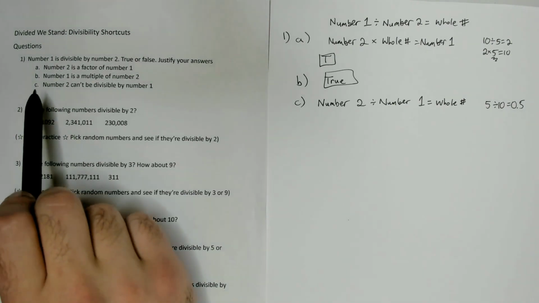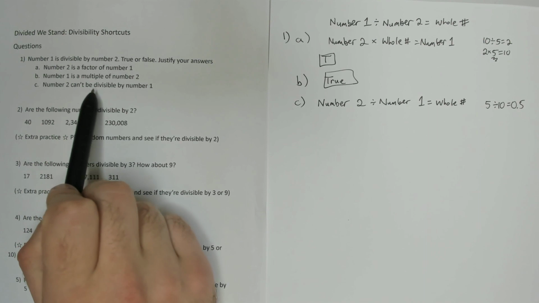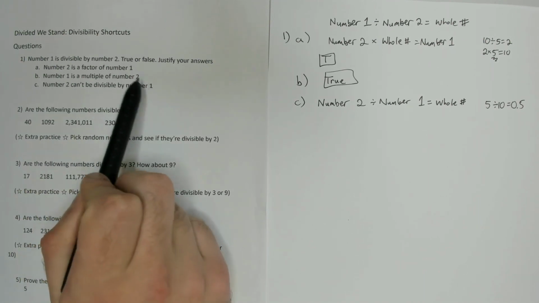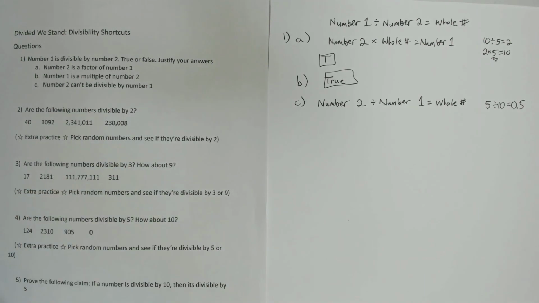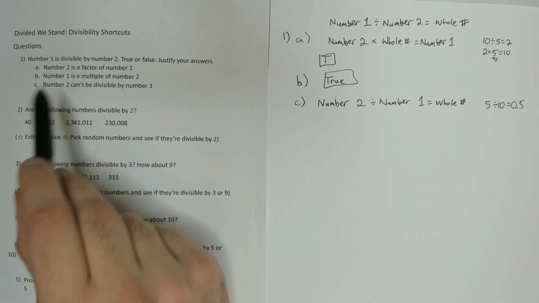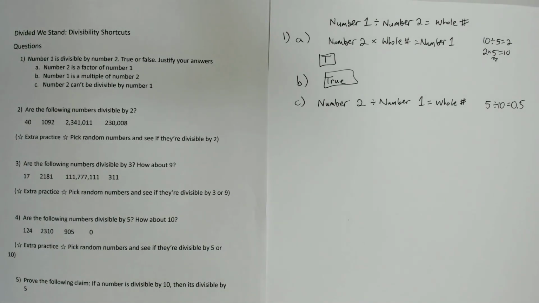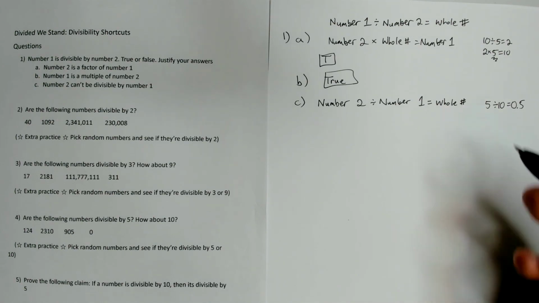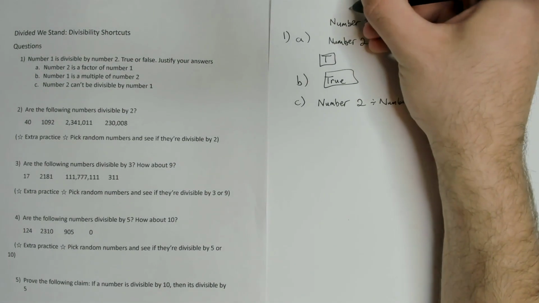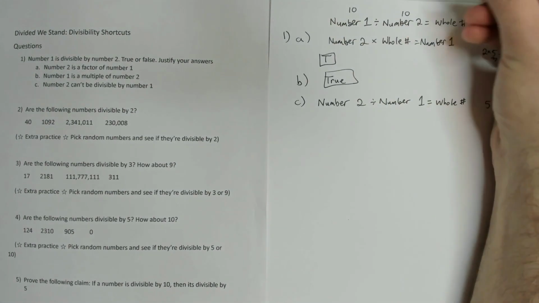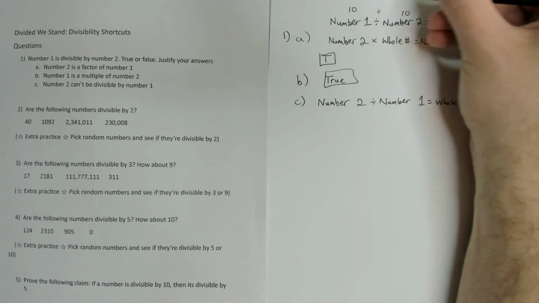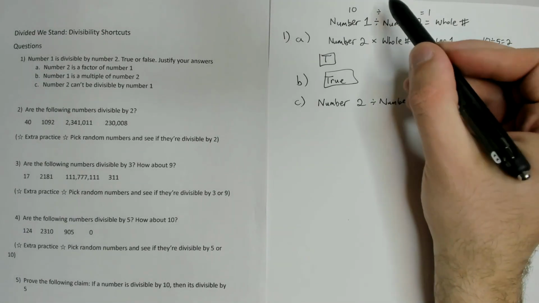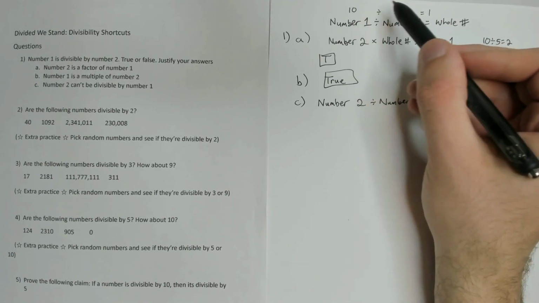So we might be leaning towards saying that, yeah, number 2 isn't divisible by number 1. So this should be a true statement, because it says number 2 can't be divisible by number 1. But the thing is, it's saying it can't be divisible by number 1, like there's no situation where it would be divisible. But I can give you a situation where it will be. So let's say number 1 is 10, and let's say number 2 is 10. Well, we know that 10 divided by 10 is 1, and that means 10 is divisible by 10, right?